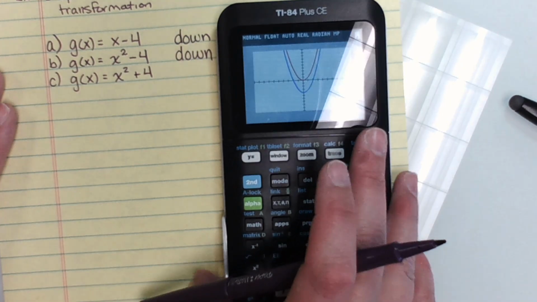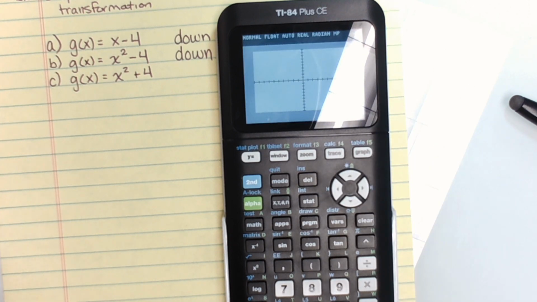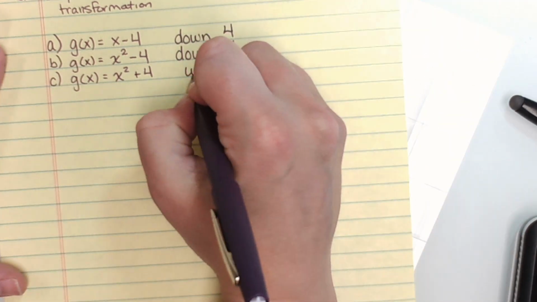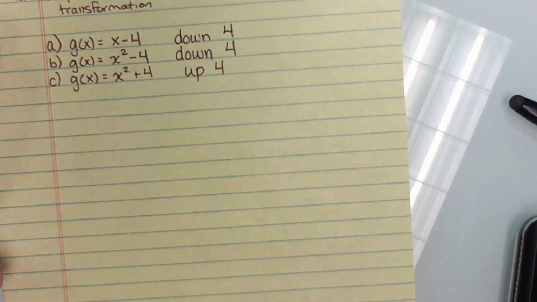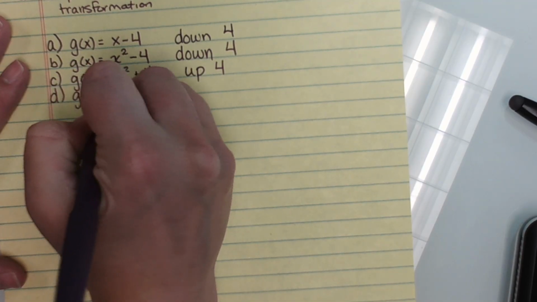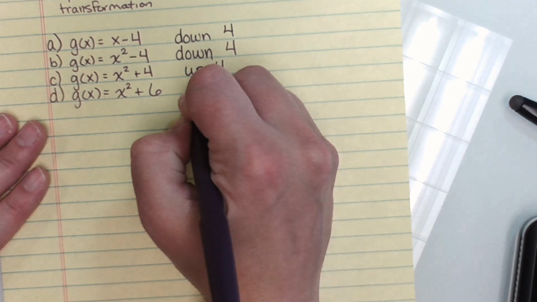Up 4 maybe? Change my minus sign to a plus sign. My parent function didn't change. Did it move up 4? Yes. What do you think if I had written plus 6? Up 6. You'd be correct.